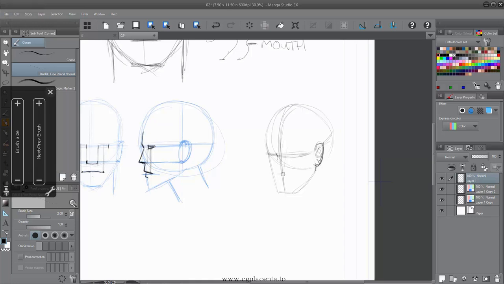So halfway down would be where my nose goes. Then my mouth would go there. Line that up there for my eye. And of course the mouth would finish halfway through the eye there. Now, obviously as the head turns, so the head's turning this way, the stuff on this side is going to get a little shorter.